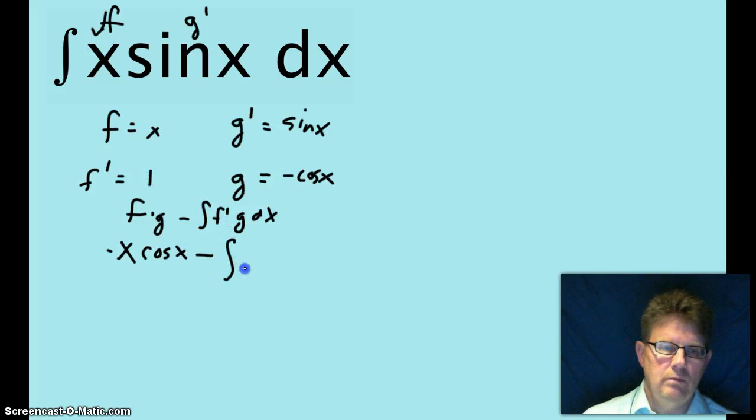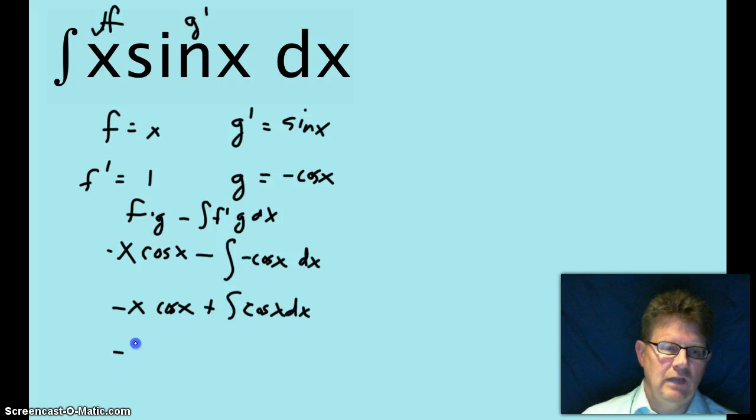F prime is 1, and this is negative cosine x dx. Let's move this negative 1 out front, so that becomes plus the integral of cosine x dx.